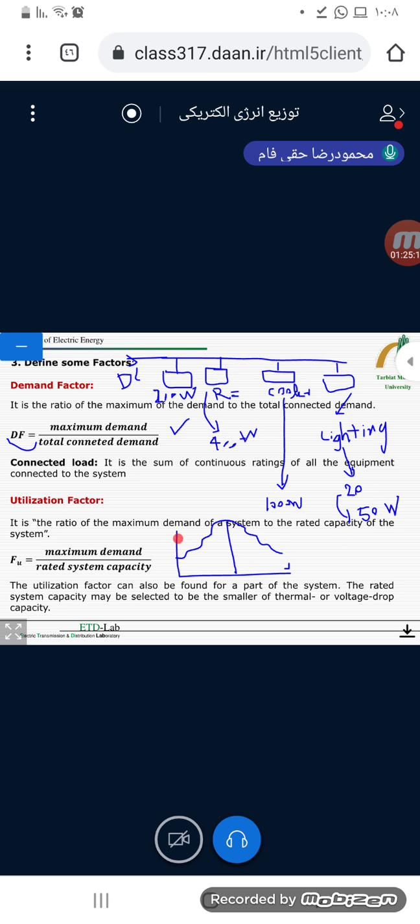The maximum demand measured and recorded by the data logger is, for example, 2,000 watts.